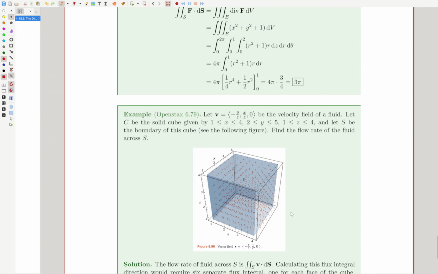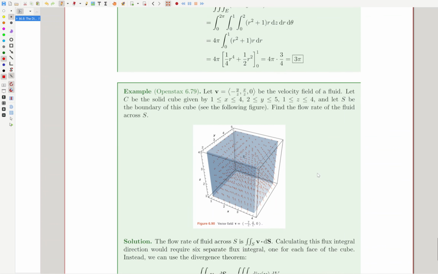Yeah, so here's another example. We have a velocity vector field given like that, and C is supposed to be the solid cube, and S is the boundary of this cube.